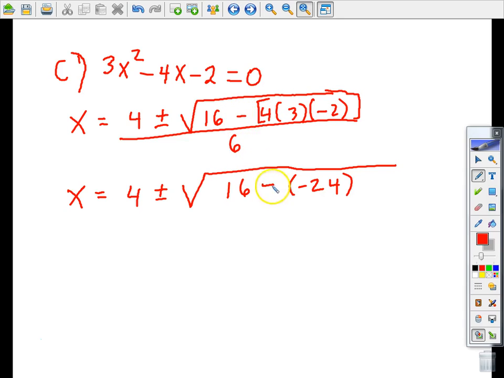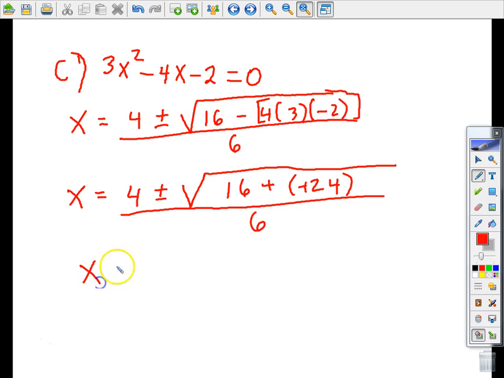So we're subtracting a negative product. I've already seen people working this problem today, and they're doing 16 minus 24. You really have to be careful there, because that's going to mess up your whole answer. We're subtracting a negative number, which really means what? Adding. We're really going to be adding these. So be very careful in situations like that.